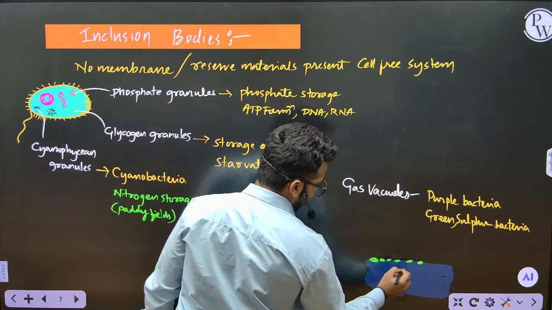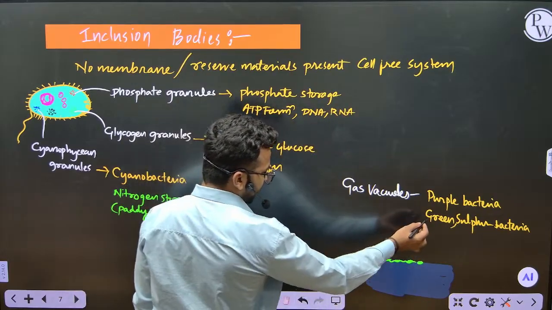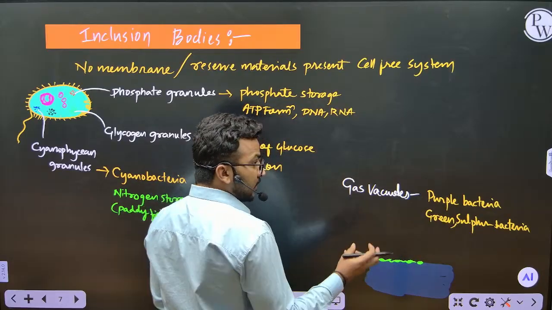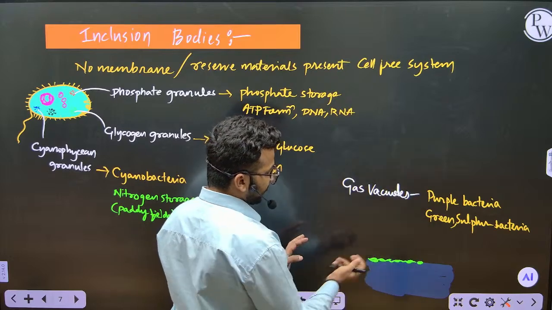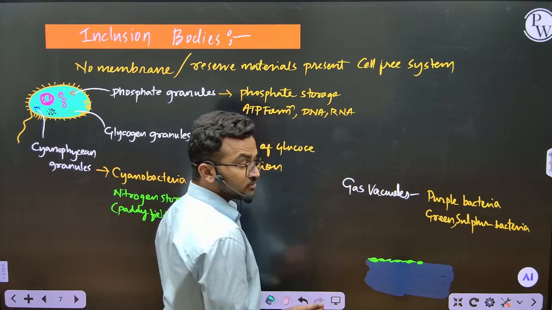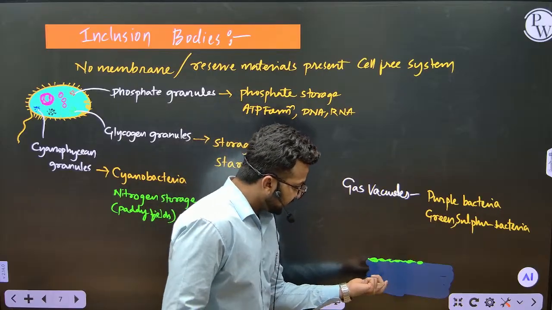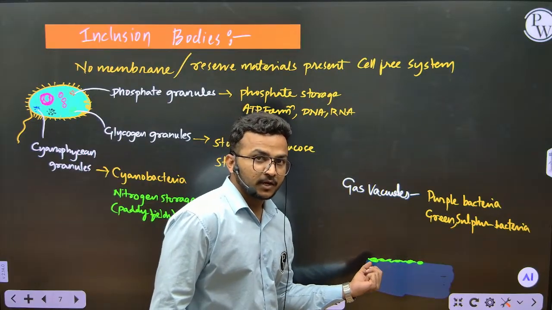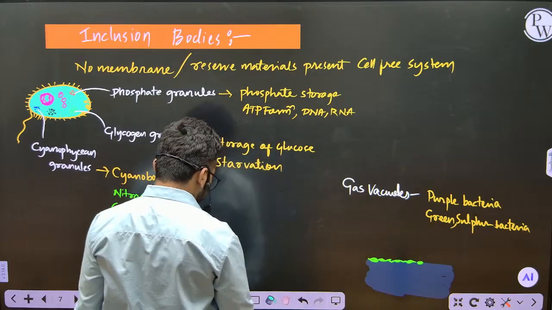Green sulfur bacteria or purple bacteria require sunlight, water, surface area, and some gaseous content as well. What makes them float or sink on the water surface is these gas vacuoles.